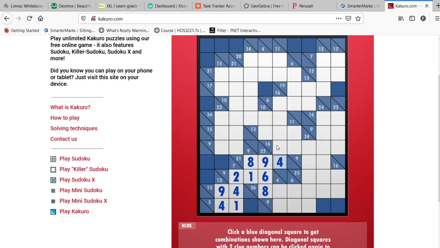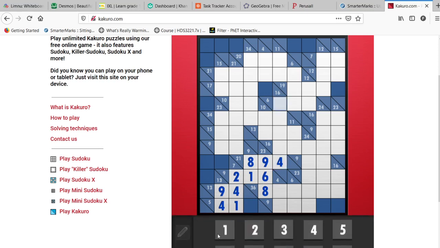So these have to be 1, 2, 3, and 6 in some order. The top one can't be 6 because this whole row adds up to 6. And we might be able to eliminate others when we look at them more closely. But for now, we'll just fill in the 1, 2, 3, 6.